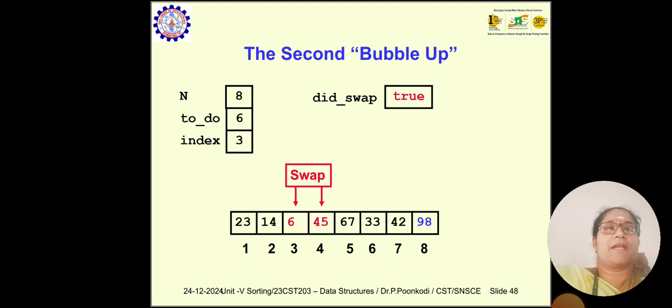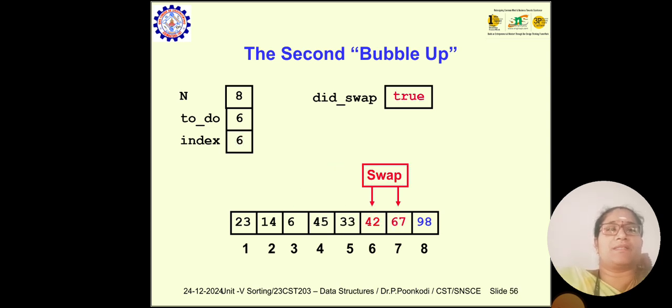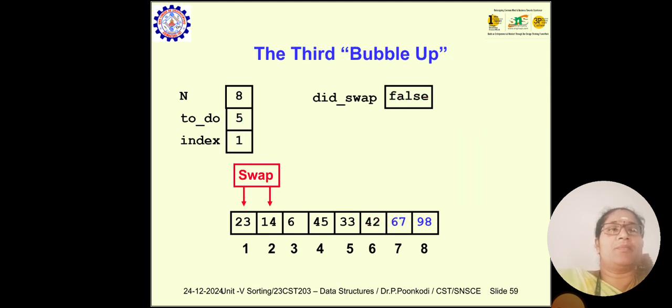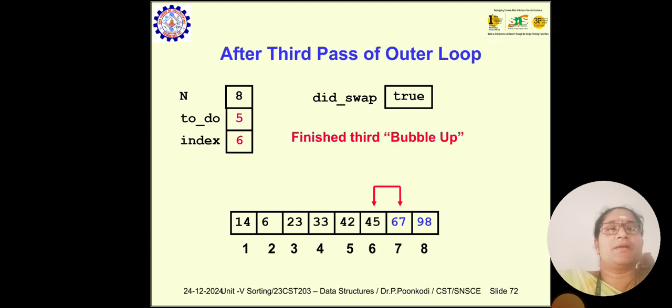In the second bubble up, 67 will be arranged. Then in the third bubble, 45 gets placed in position. After the third pass, 45, 67, 98 are ordered.